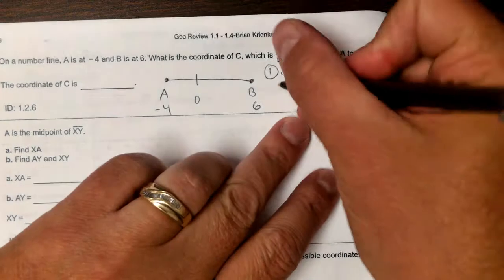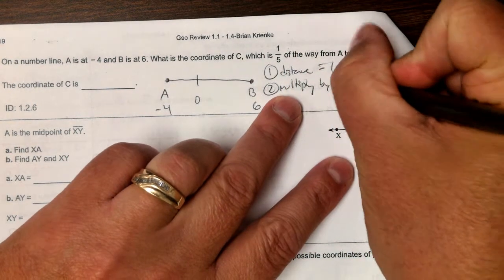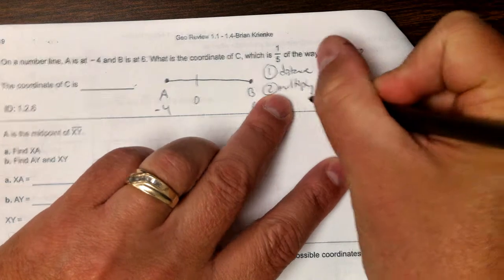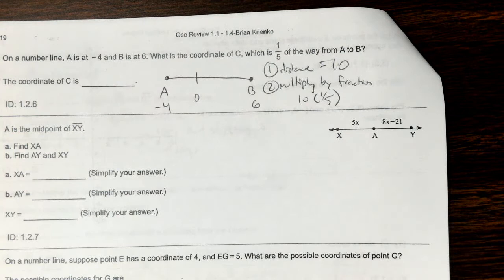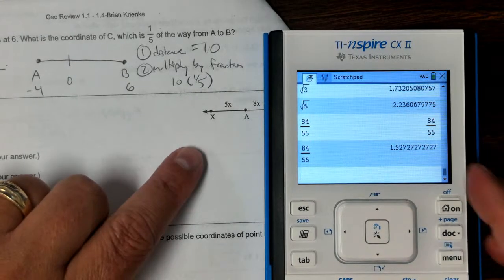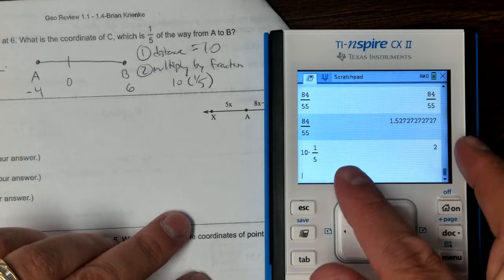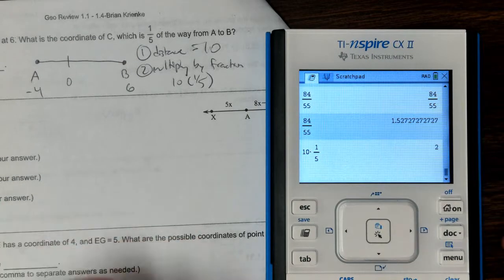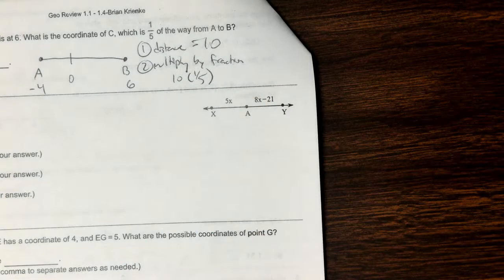Okay, so what we do is multiply by the fraction, and so we do 10 times 1/5. In this case, you just know 10 divided by 5, whatever you want to do. You get 2.